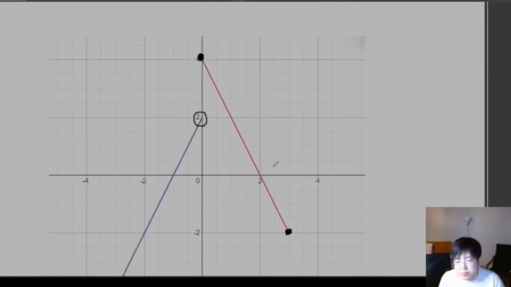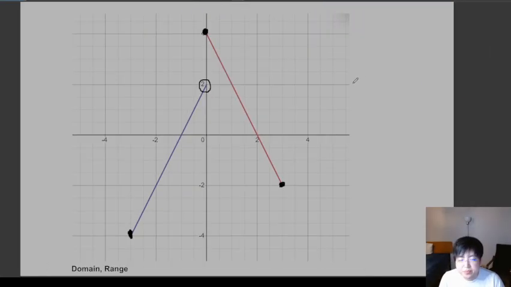So now, let's look at this function here. So yeah, that's not too fancy. Here, I try to emphasize these points. When those points are shaded, it means those points are included. And when I put an empty circle here, it means that function is not defined there.